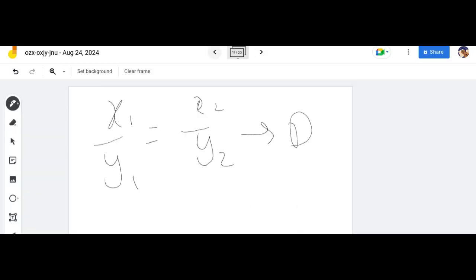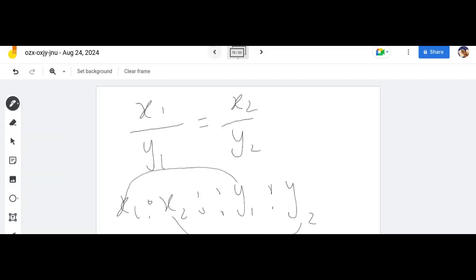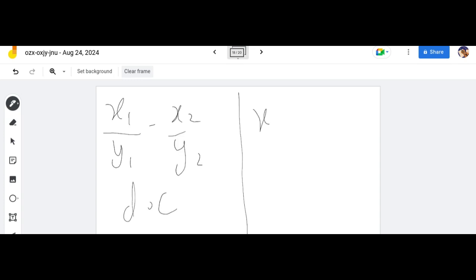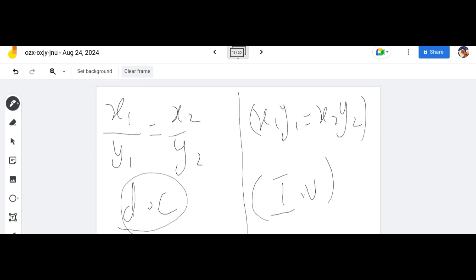On the page on which you wrote about the direct and inverse proportionality formula, you have to write this down. For direct proportionality, that is x1 over y1 equals x2 over y2, and for the inverse, that is x1 y1 is equal to x2 y2. In the direct, we do the division formula, and in the inverse, you have to do the multiplication formula. Okay, ma'am.